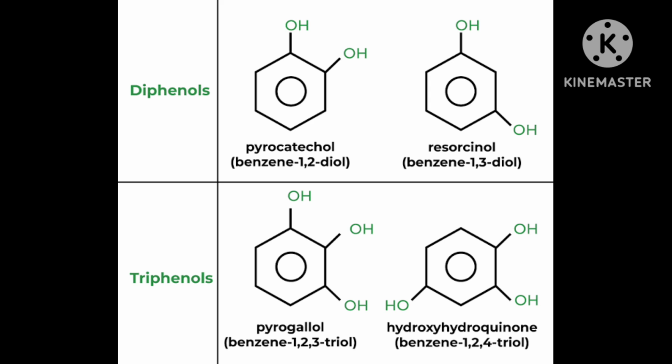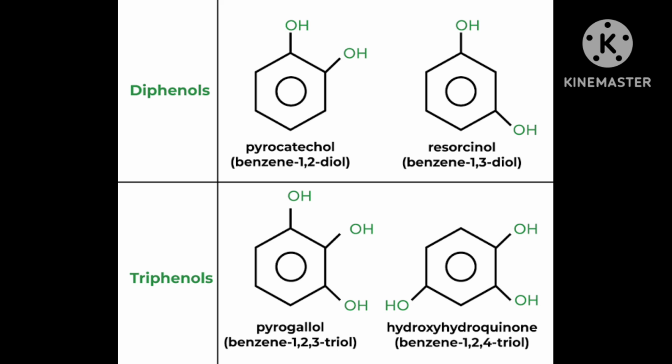Now here hexane is there. It is a cycle, 6 carbons are there, cyclic form, and in each carbon 2 hydrogens are there, total 12.